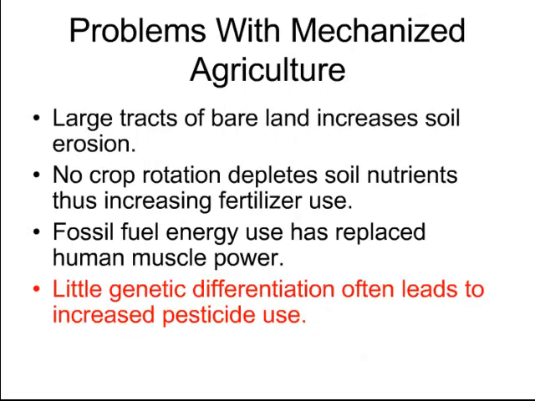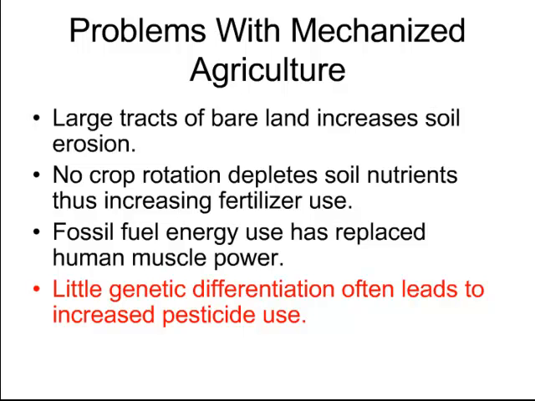The last problem with industrial agriculture is also caused by the monoculture nature of this industry. Because the monoculture is not just a field of the same species, but individuals in the field tend to be genetic copies of one another, this leads to the use of pesticides.